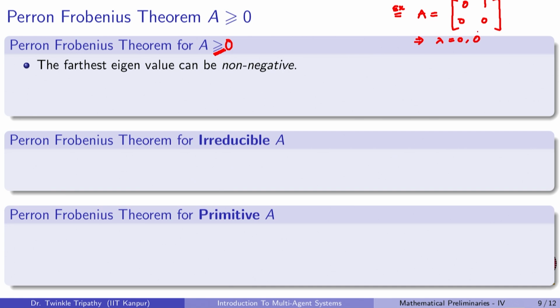What we see is that we do not have even a single eigenvalue which is actually positive, meaning the farthest eigenvalue in these cases can actually be non-negative. And in some cases, when we do have eigenvalues which are greater than 0, lambda p, which is the Perron root, can even be repeated. Again, a simple example of it would be our identity matrix.